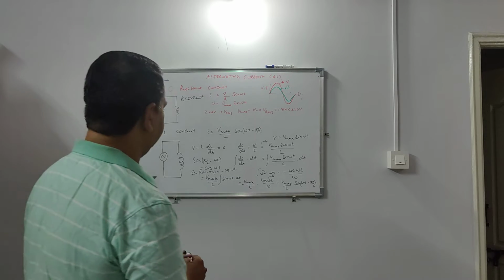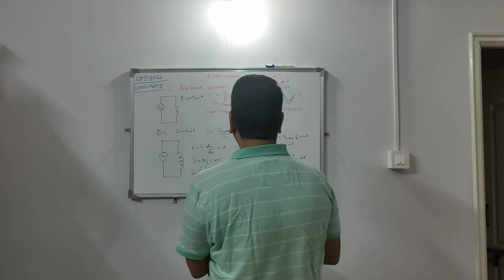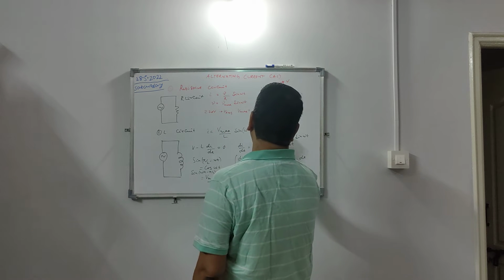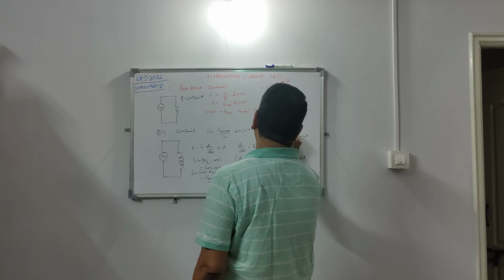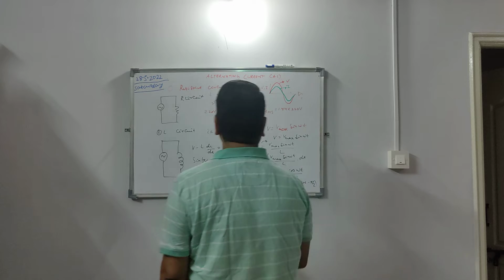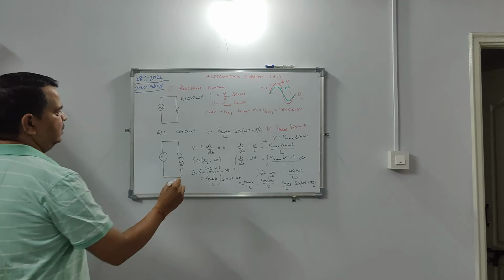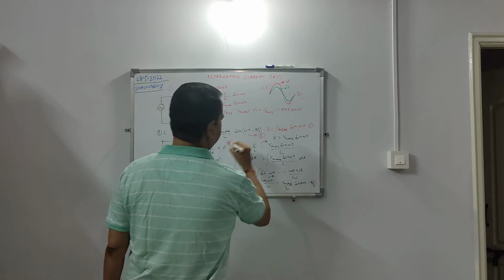We have written my V is equal to V max sin omega t, correct? This is my equation 1, and let us say this is my equation 2.